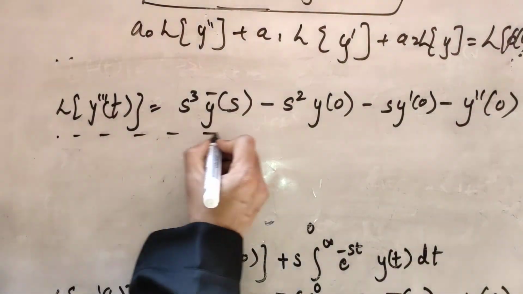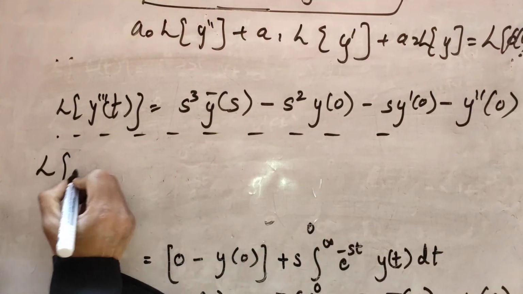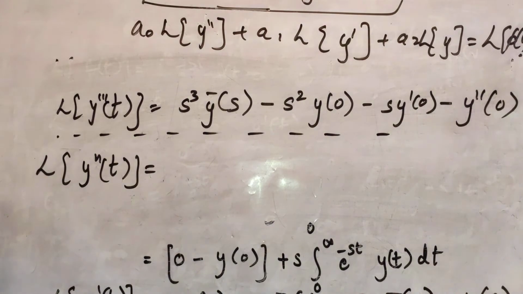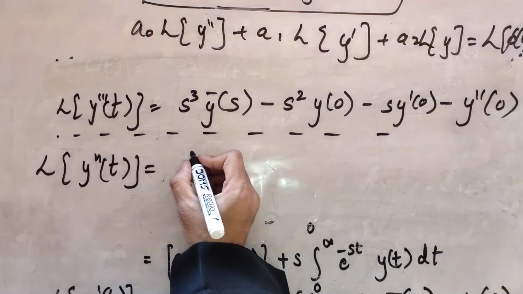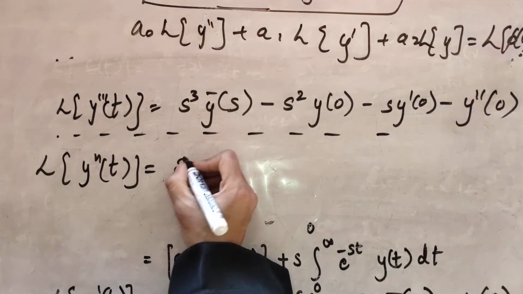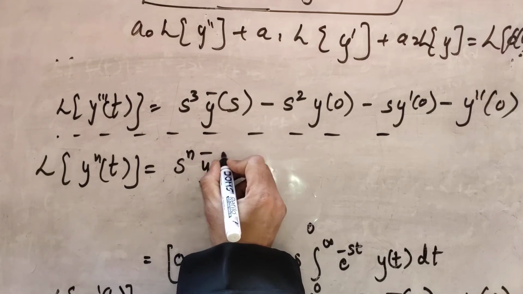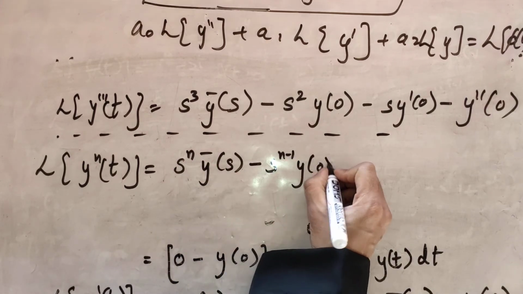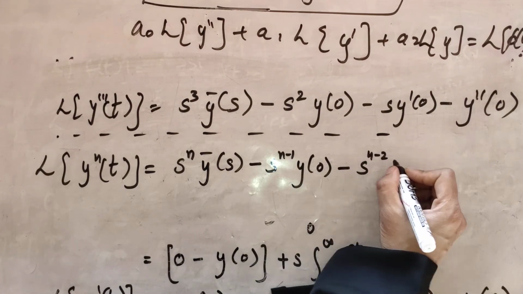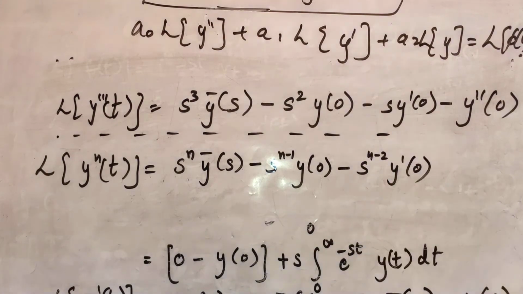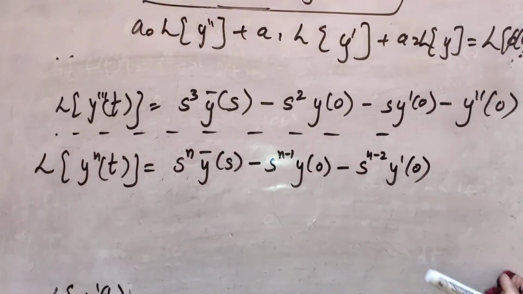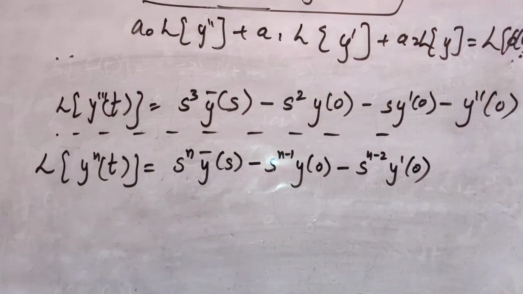Finally, if I continue it, it continues, and I can write: suppose there is the nth derivative, the Laplace transform of the nth derivative of y with respect to t can be taken as s to the power n y bar of s minus s to the power n minus 1 into y of 0 minus s to the power n minus 2 into y dash of 0. Yes or no? I'm just generalizing, nothing else.